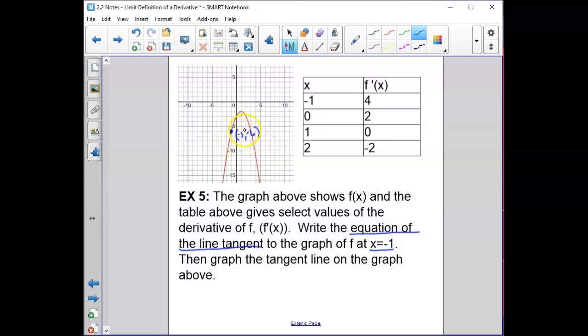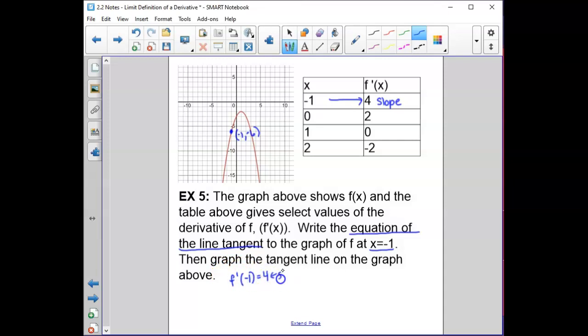That is the point that we're going to use for our equation. If our x-coordinate is -1, we need to know the slope of the graph at -1, and to find the slope we need the derivative. F prime of x is our derivative. So here, x is -1, and 4 goes with that. So 4 is our slope. That is our f prime of -1, it equals 4.